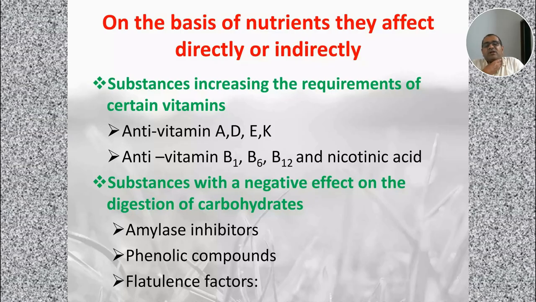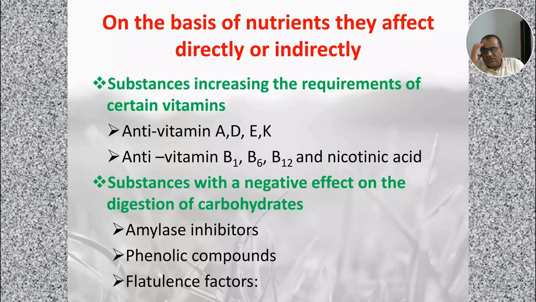Vitamin A is required for the reproductive cycle, skin texture and other things, whereas vitamin D is required for calcium homeostasis. Vitamin E is an antioxidant in nature and protects the body tissues from the deleterious effect of certain toxicants, whereas vitamin K is required for clotting factors as one of the intermediary substances. So these substances increase the requirement of vitamins like A, D, E and K.